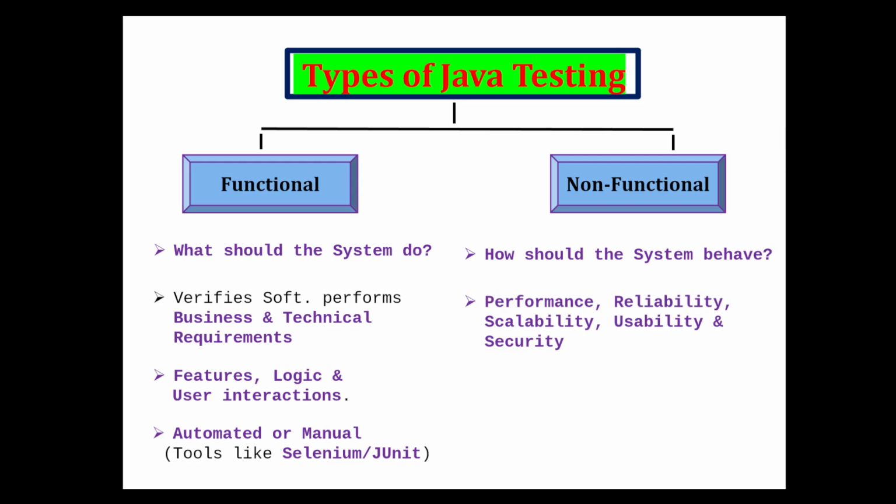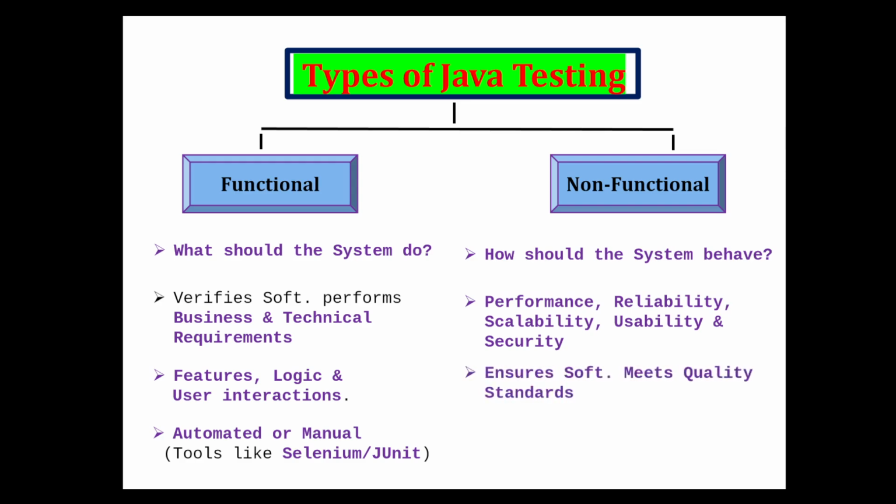These are the non-functional requirements. For example, verifying the speed, load handling and security standards, and it is performed after functional testing. These are some attributes non-functional testing will consider while we write the non-functional tests.